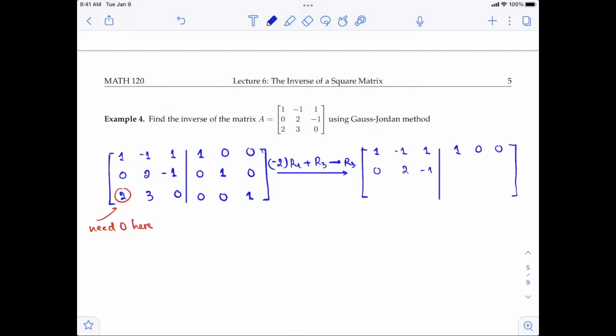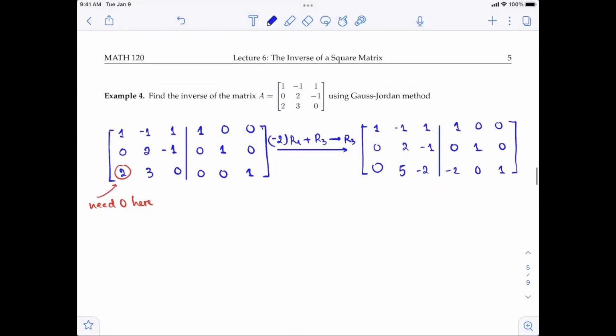Then 0, 2, negative 1, 0, 1, 0. So negative 2 times 1 added with 2 becomes 0. Negative 2 times negative 1 is positive 2, added with 3, you get 5. Then negative 2 times 1 is negative 2, added with 0 is negative 2. So on and so forth. The entries in this row are negative 2, 0, 1.